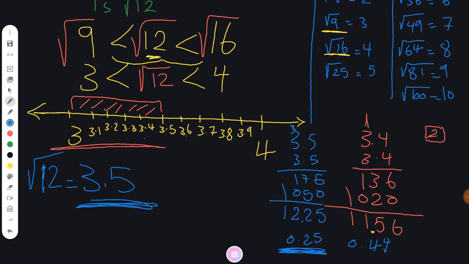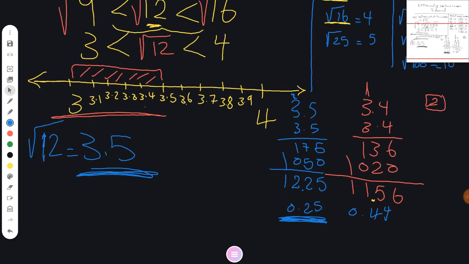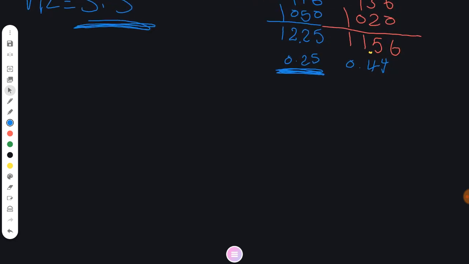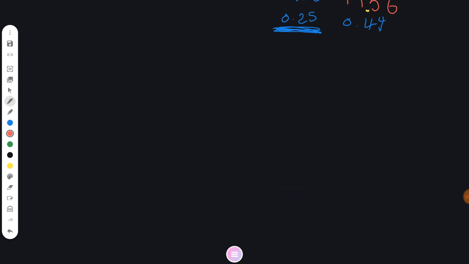Yes? Okay. Now we will move to another topic, which is how to arrange a group of numbers which contains rational and irrational numbers. Compare the following.